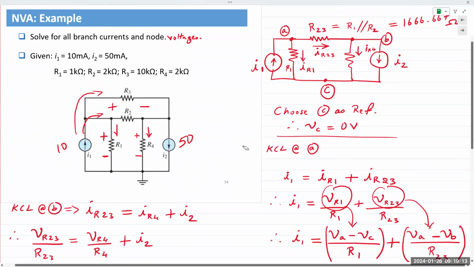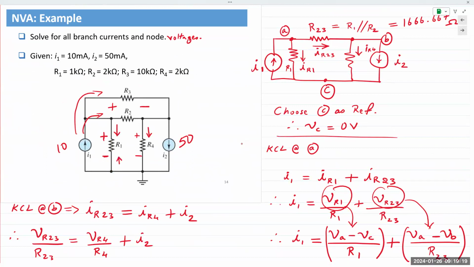If we had assumed our current going in the opposite direction, then the bottom connection would be positive, the top would be negative, and our answer would have been plus 13.57. Does everybody understand that? We obtain a negative value for both node voltages just because of our assumptions at the beginning of our analysis.